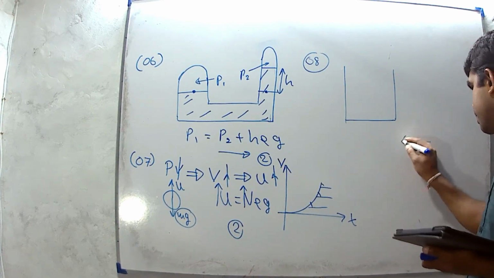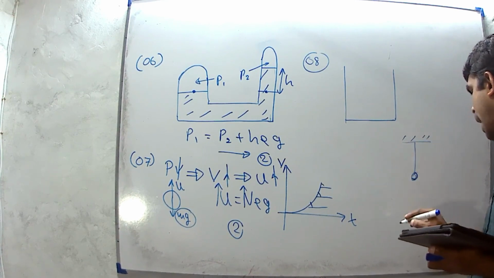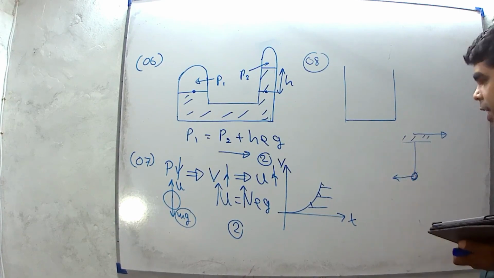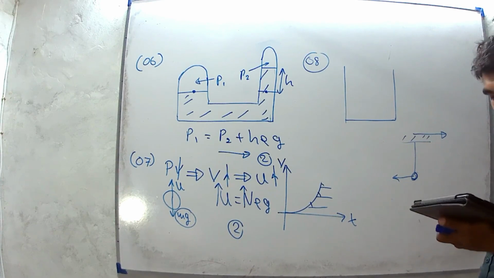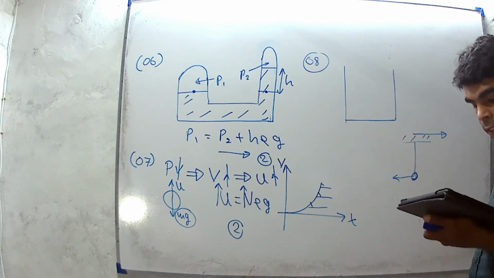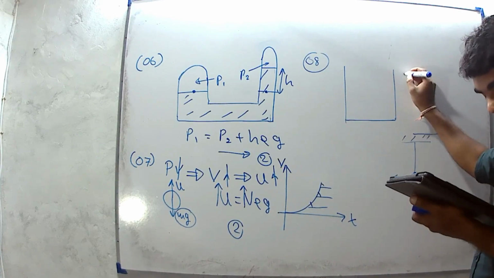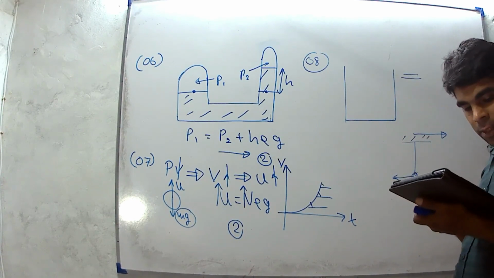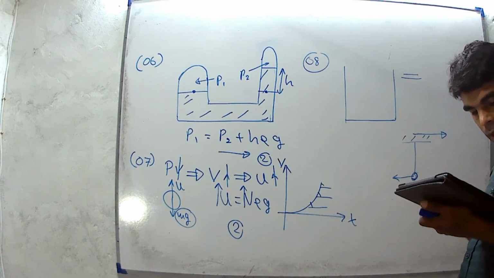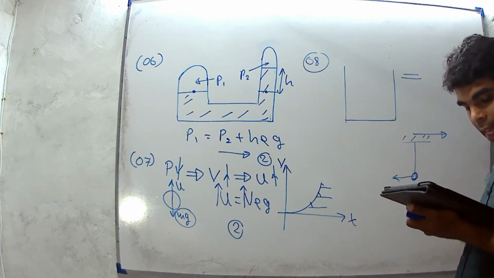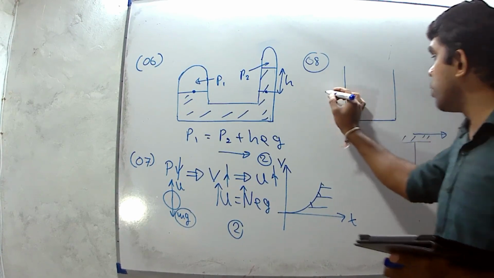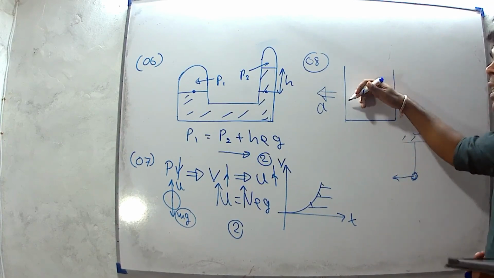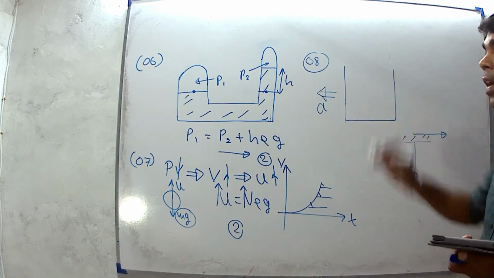You can consider an object hanging in a car. When the car is accelerating, the object moves in this direction. Same theory. For the water layer, when the system is moved horizontally to the left with constant acceleration, the density of water is greater than the outer medium, air.